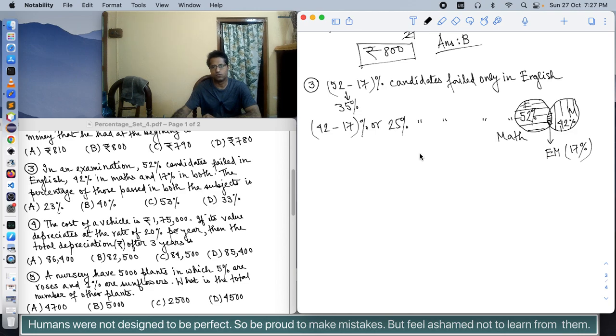So we see that 35% of the candidates failed only in English, 25% failed only in maths, and 17% candidates failed in both.